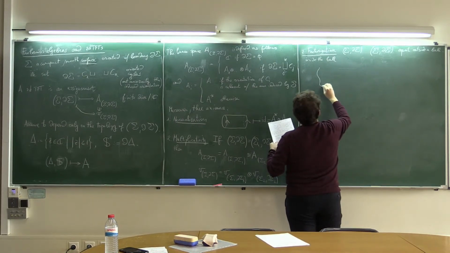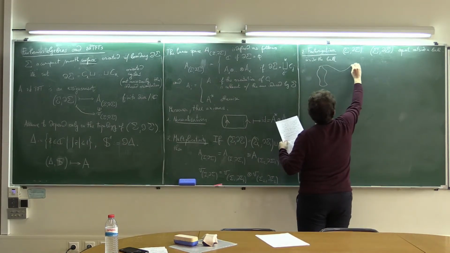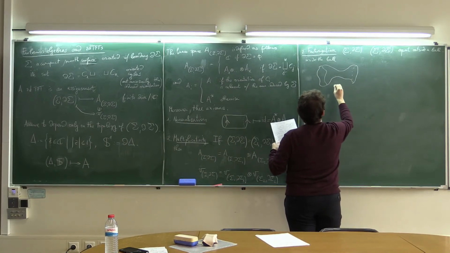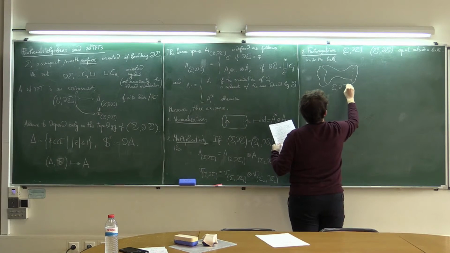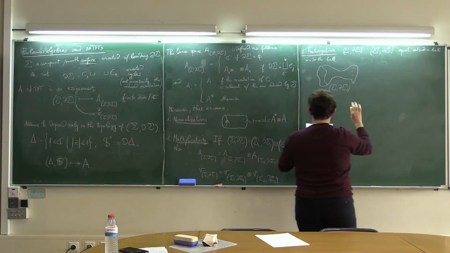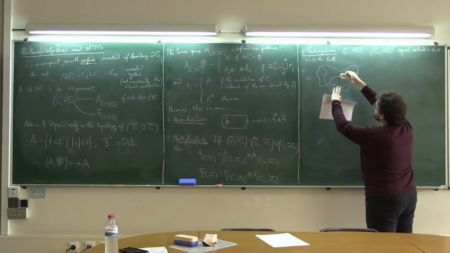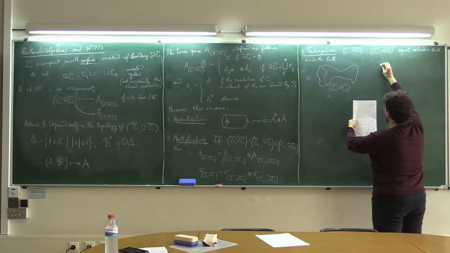So one of them is as follows. This is sigma, with some orientation. And the other one is this one cut here along a cycle.